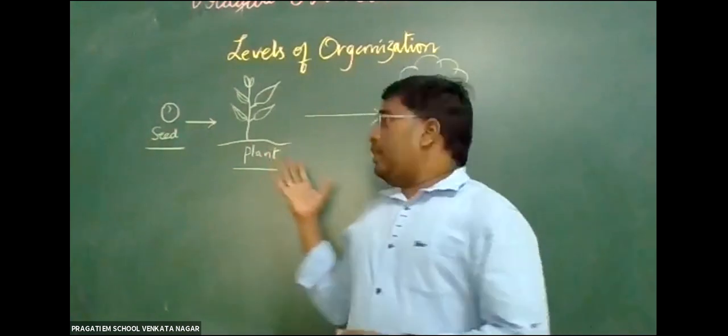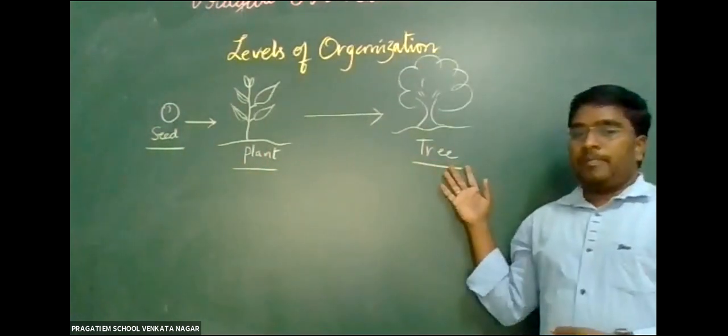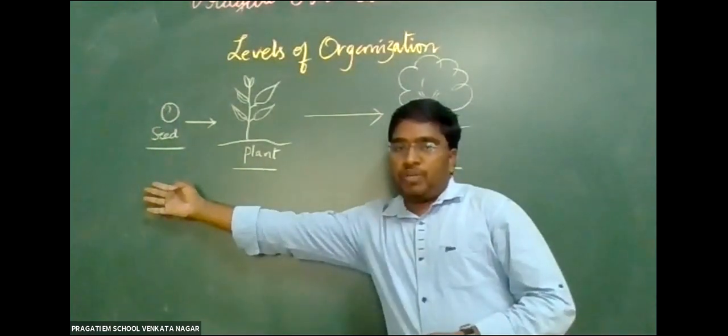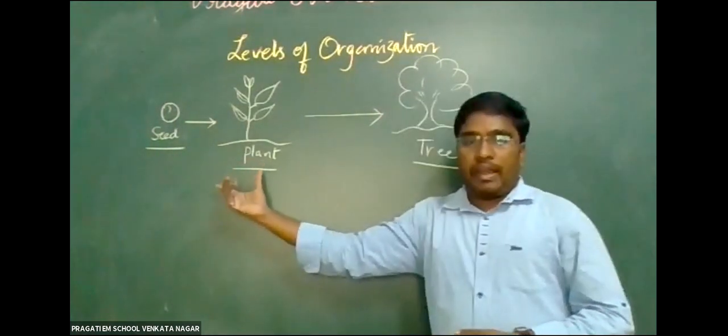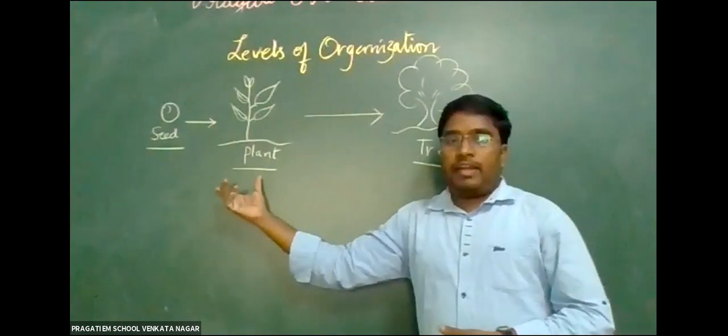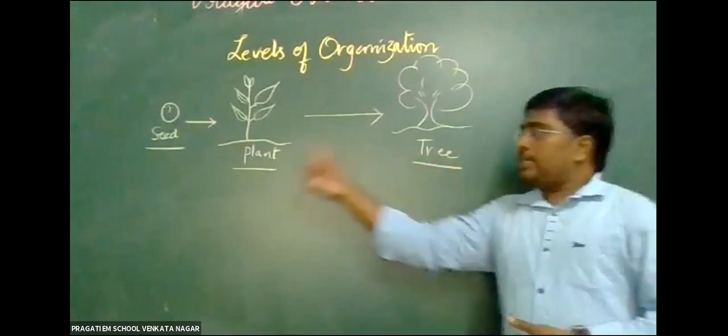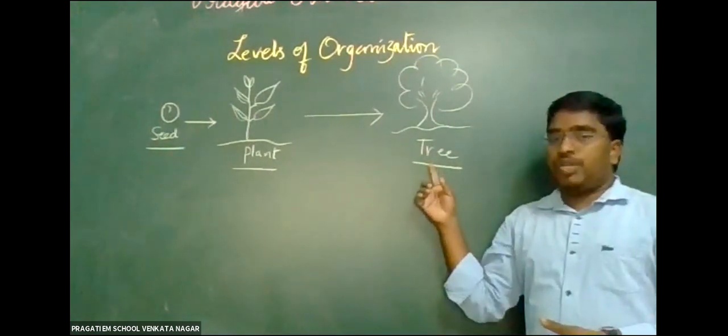See, here I am representing one picture. After germination, it converts into a plant. Then it is organized into a tree.